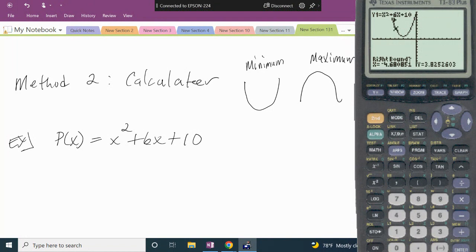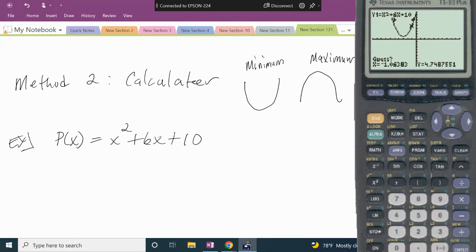And then you notice on your calculator, a sideways triangle should pop up that falls to the left of your vertex. Now the calculator asks for a right bound. So I'm going to move the cursor to the right of the vertex. I'm going to hit enter.